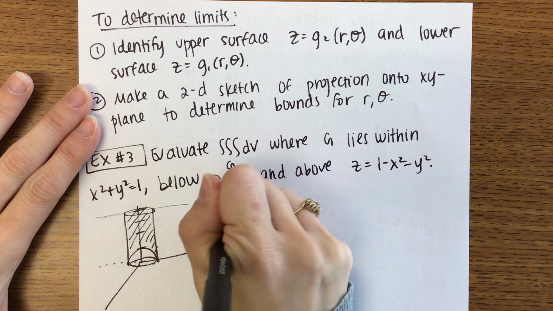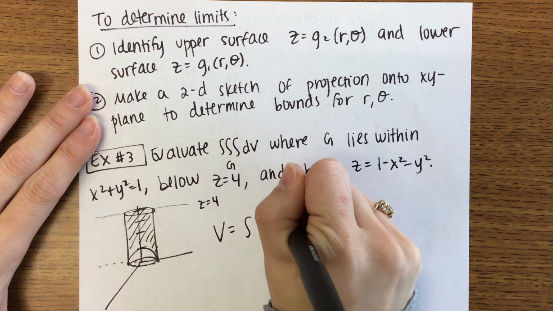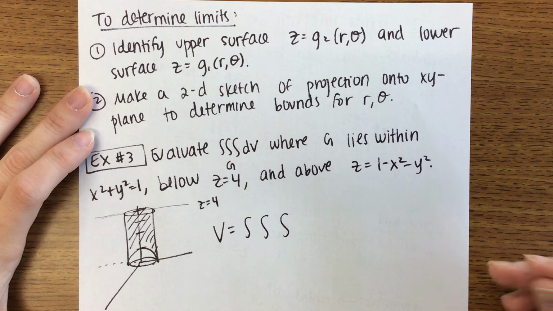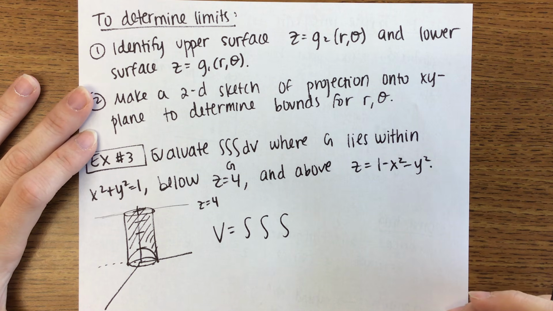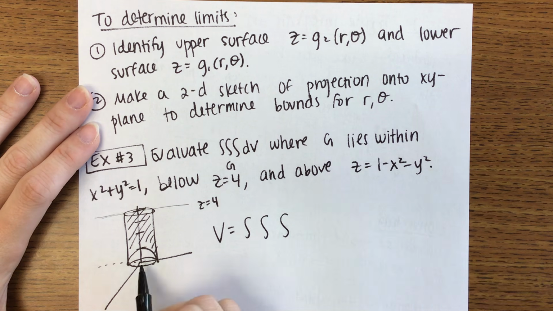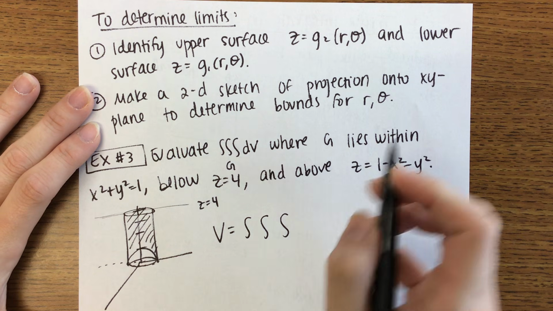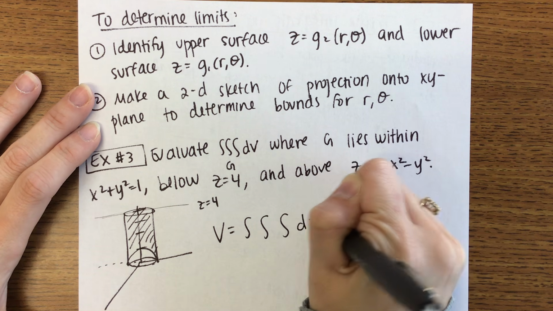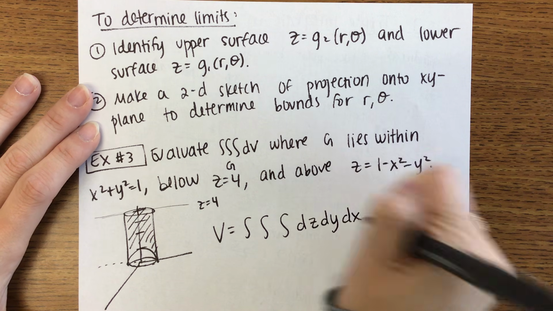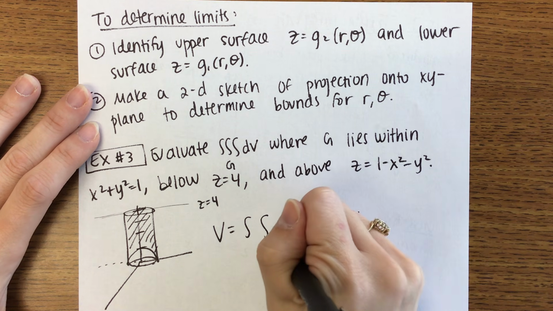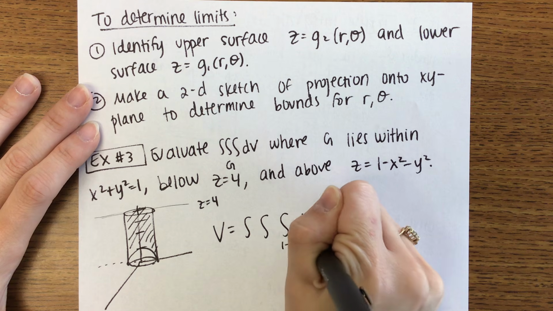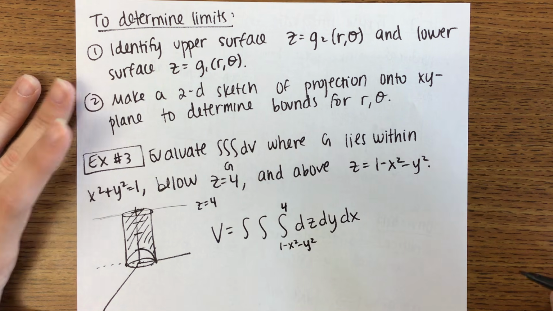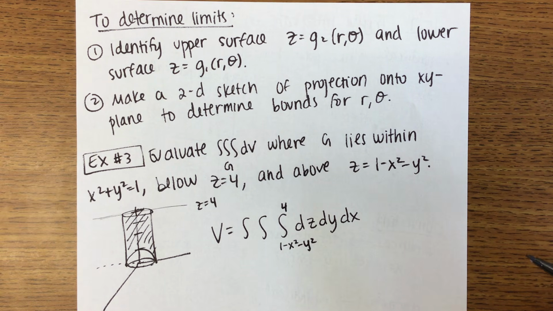Okay. So I want us to set this up in rectangular. In this case, we have a lower surface that z equals and an upper surface that z equals, so I think it makes sense to integrate with respect to z first. z goes from 1 minus x squared minus y squared up until 4. What is our region R then?